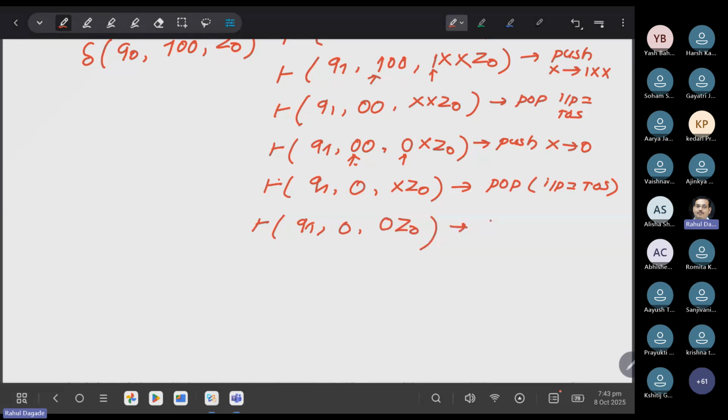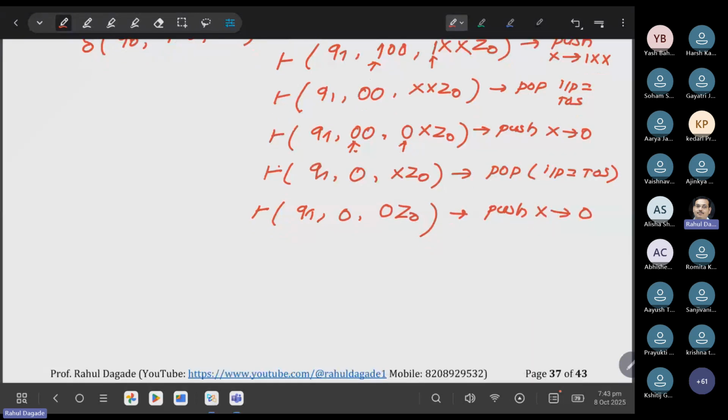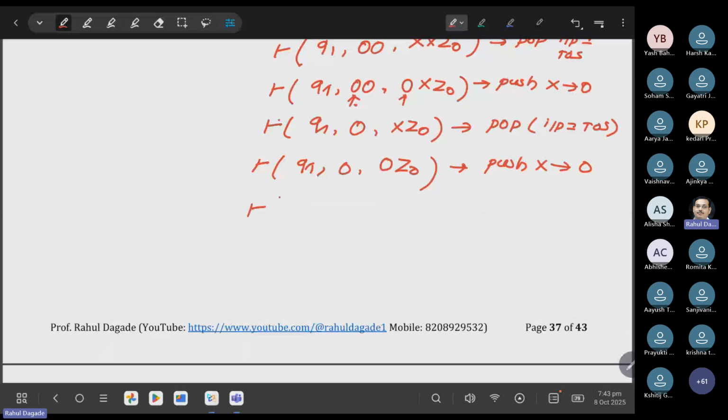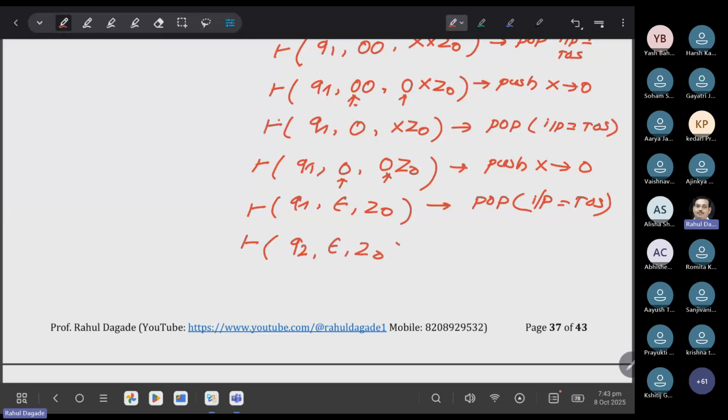So what we are doing here is push, X gives 0 production on stack. So that gives Q1, 0 is consumed with this 0, so input is null, Z0. So here it is a pop because input is same as top of stack. And so that gives Q2 null, Z0. So this is acceptance by final state.